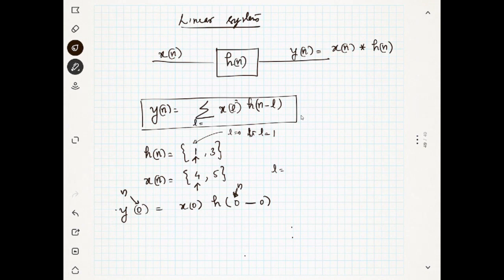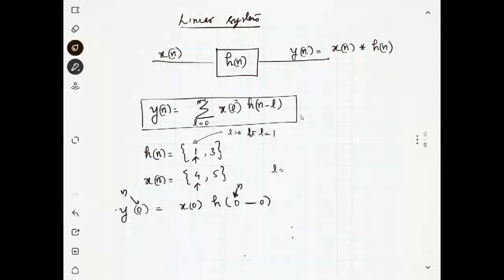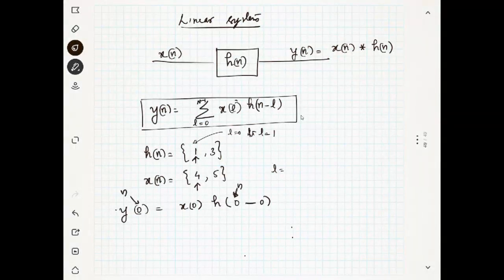l should vary from 0 to the length of h minus 1. So 0 to 0, then plus, I will change the value of l. l becomes 1. Now x of 1, that means l equal to 1, into h of 0 minus 1.